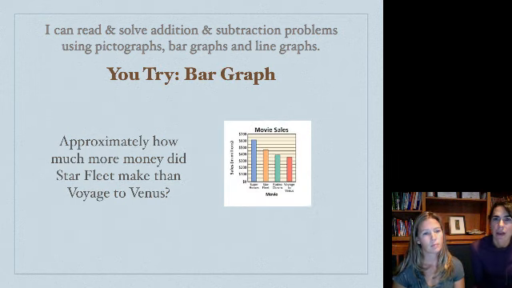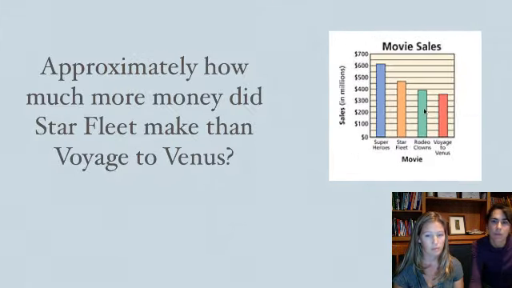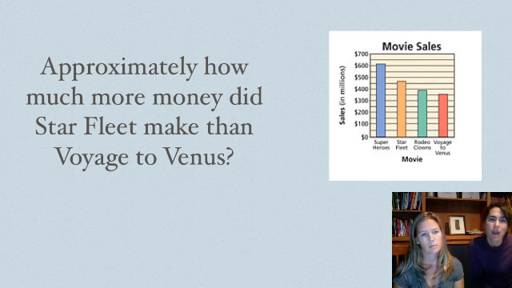And then you get to try a bar graph. Same thing, you're going to want to look carefully at movie sales, and the question is, looking at this bar graph, approximately how much more money did Starfleet make than Voyage to Venus?